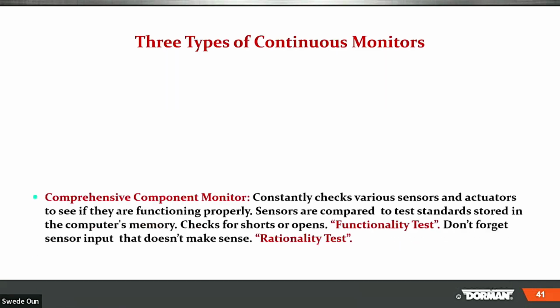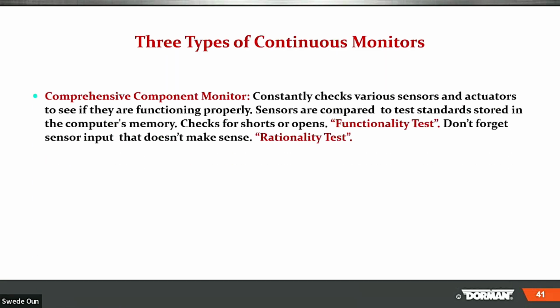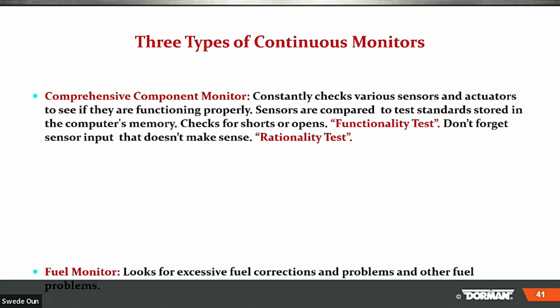Three types of continuous monitors. Comprehensive: constantly checks various sensors and actuators to see if they're functioning properly. Sensors are compared, pretty near any sensor, and whatever you've got falls under the comprehensive component monitor, which is great. Don't forget sensor input that doesn't make sense, rationality, besides checking for shorts and opens.